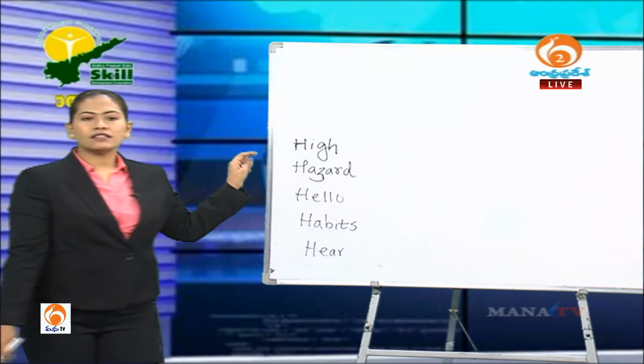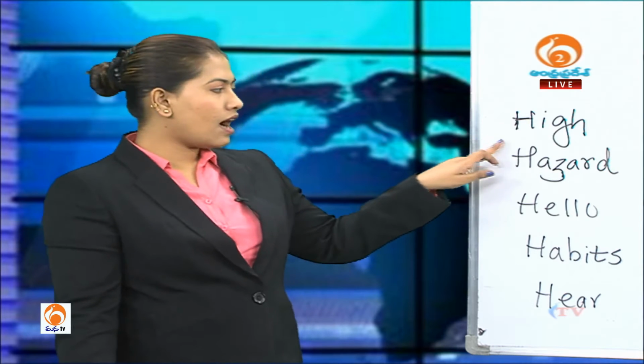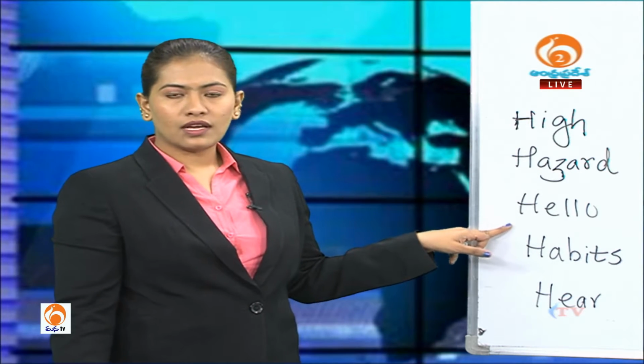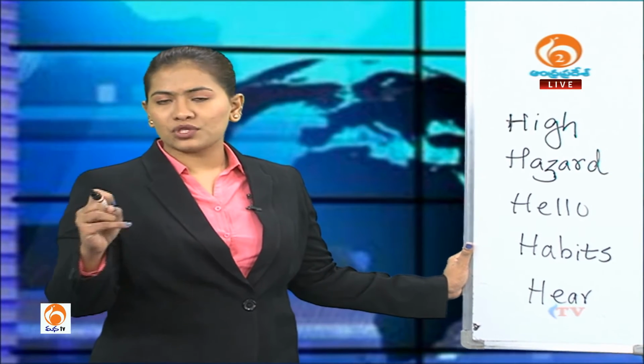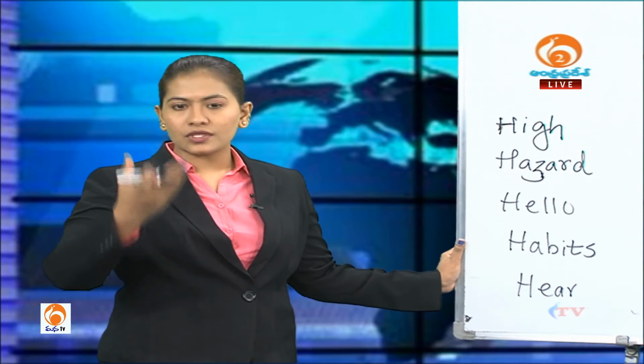So once again the set of words are high, hazard, hello, habits and here. These are the words attached to the H sound. The letter is H, the sound is H. It's a voiceless sound and we've just spoken about the technique to produce that sound.